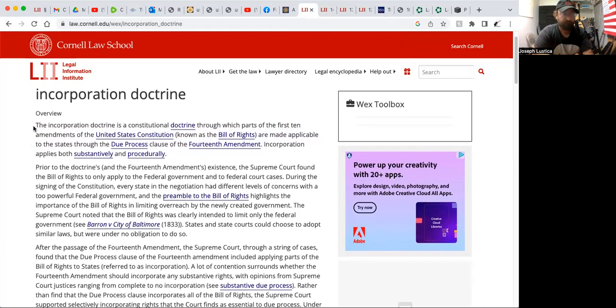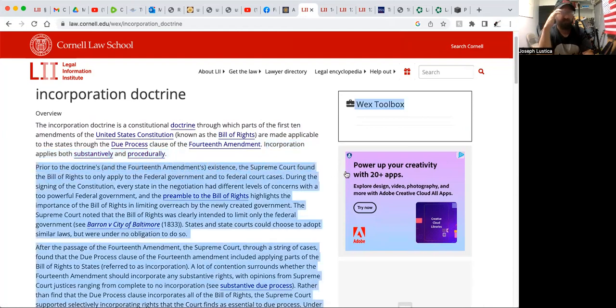Okay? The Incorporation Doctrine. Now, the incorporation applies both substantively and procedurally, okay? Now, prior to the doctrine and the 14th Amendment's existence, the Supreme Court found that the Bill of Rights only applied to the federal government in federal court cases.